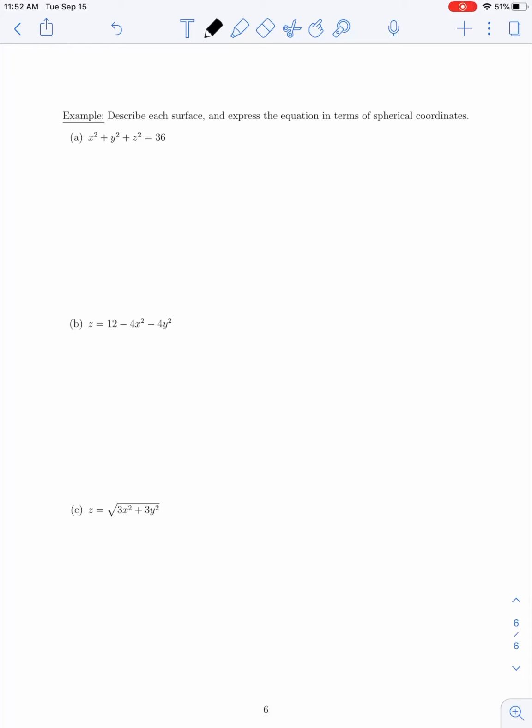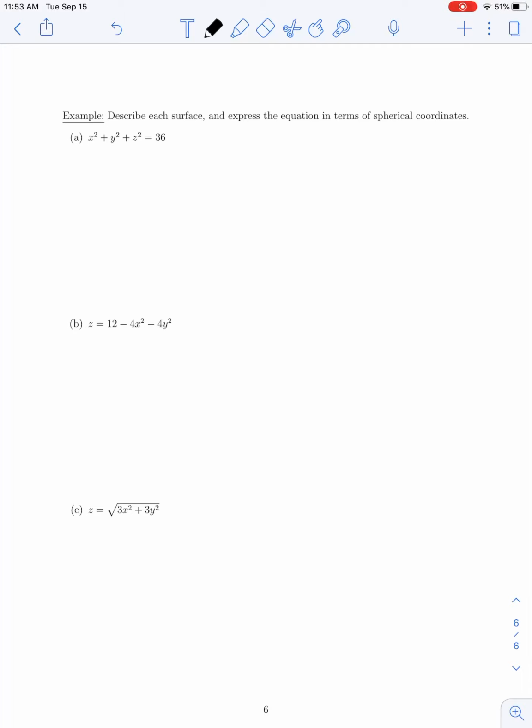So here we're given equations in terms of rectangular coordinates. We're supposed to describe the surface represented by these equations and then express these equations in terms of spherical coordinates instead of rectangular. These are the exact same equations that we had in the example in the earlier part of this section, where we were looking at cylindrical coordinates.